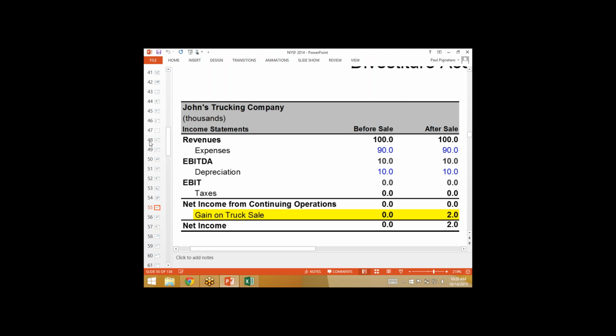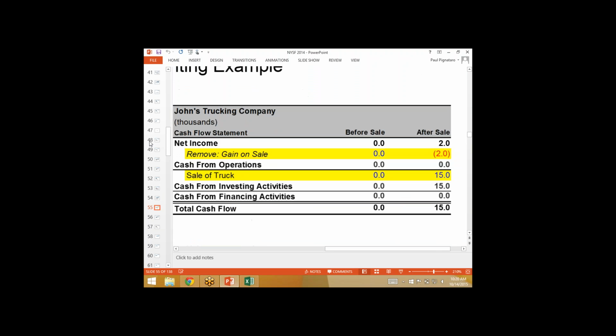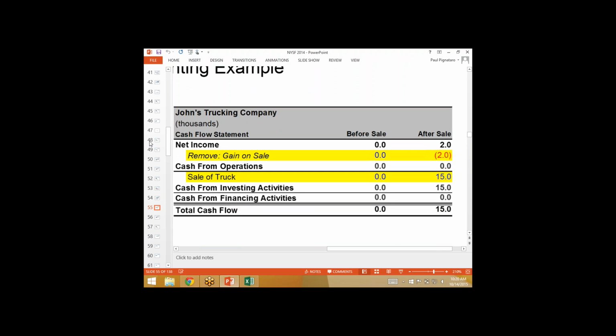That gain or loss impacts the cash flow. So let's look at the cash flow statement. The cash flow statement is cash flow before the sale, after the sale. Keep it simple. Cash flow net income 0. After the sale, it's 2. There are 2 things you need to do in the cash flow statement. One, naturally, you have to record as an investing activity, sale of truck. Sale of truck is the price received, $15,000. Price received for sale of truck. But you have a problem.